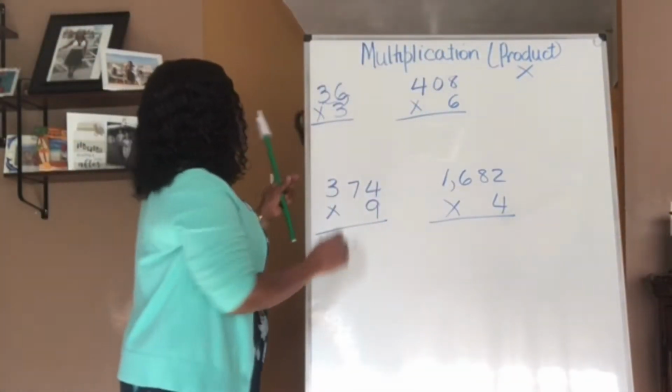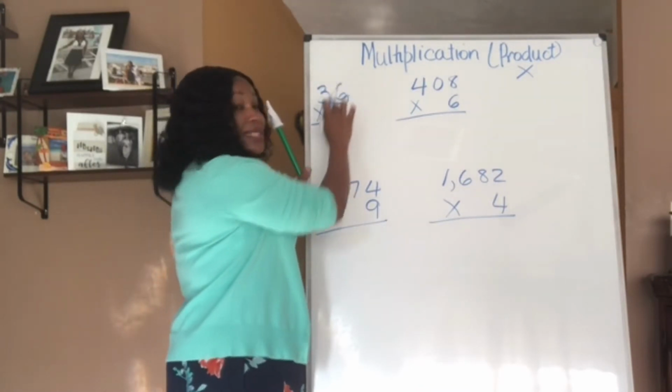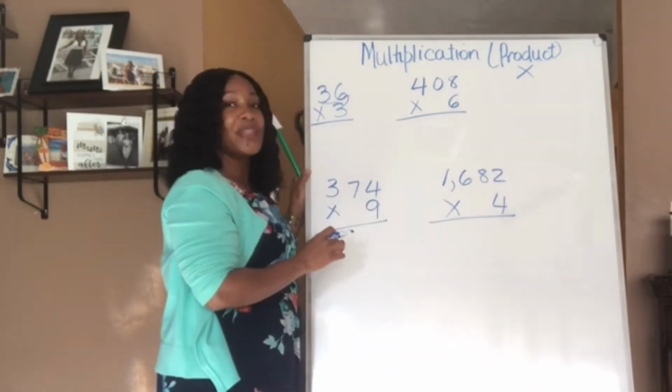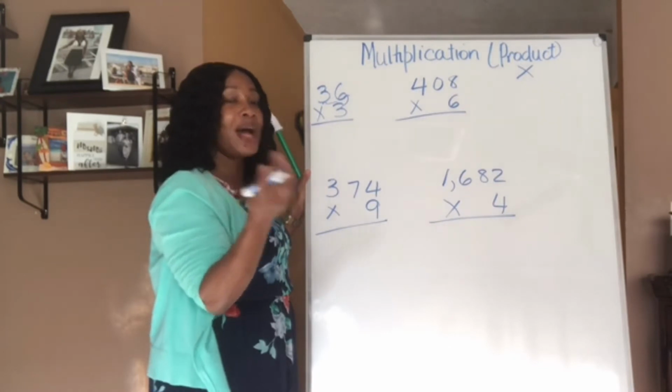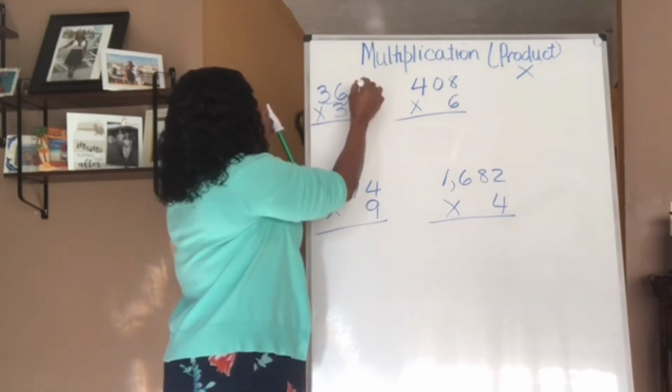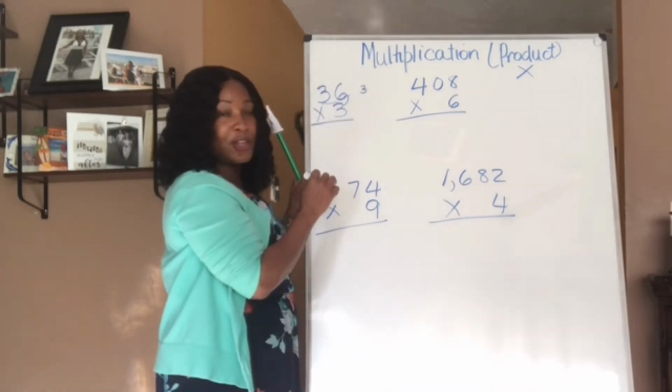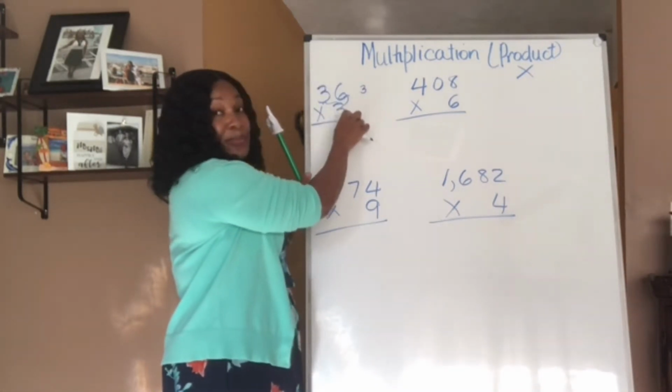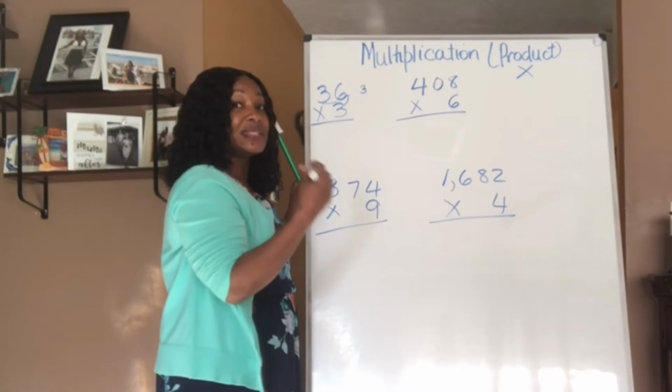So, let's go. 3 times 6. If we don't know that, we can skip count. So we're skip counting by 3. So 3, first of all, you write the digit down that you're multiplying by, and then you're going to skip count.